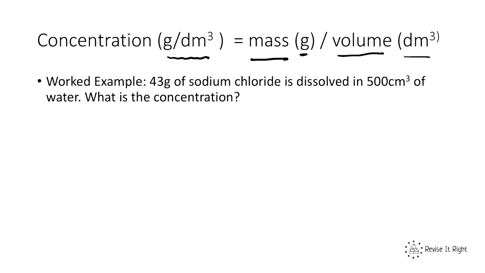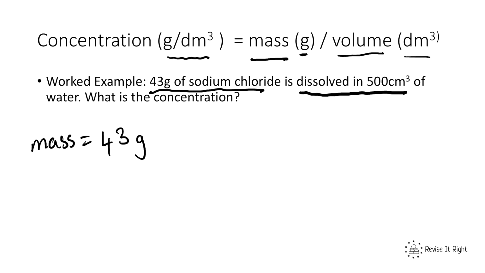Let's go through a worked example of how we're going to answer one of these questions. We have 43 grams of sodium chloride dissolved in 500 centimeters cubed of water. What is the concentration? As ever, I first like to write down what I've been given. 43 grams of sodium chloride, so the mass is 43 grams, dissolved in 500 centimeters cubed of water, so the volume is 500 centimeters cubed.